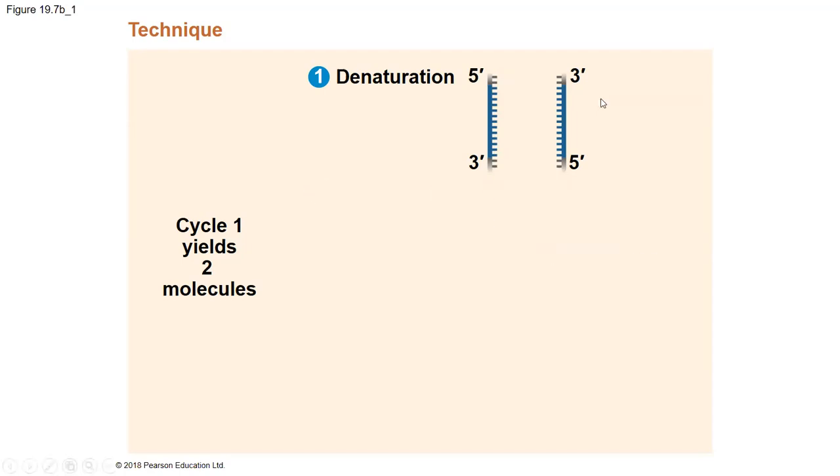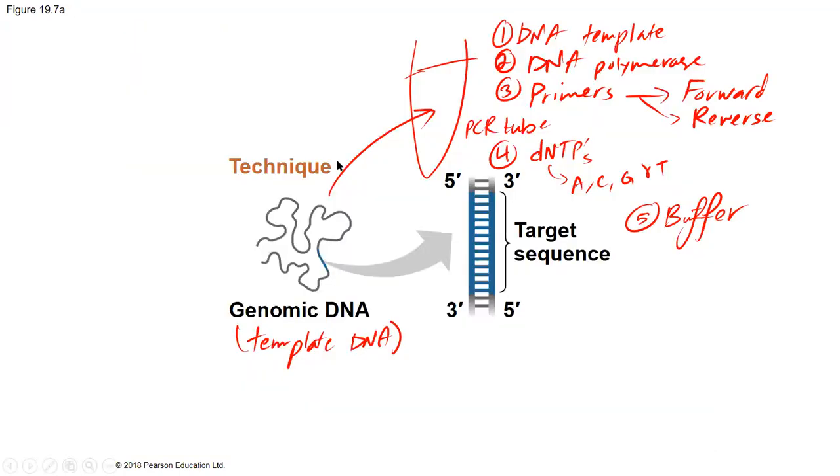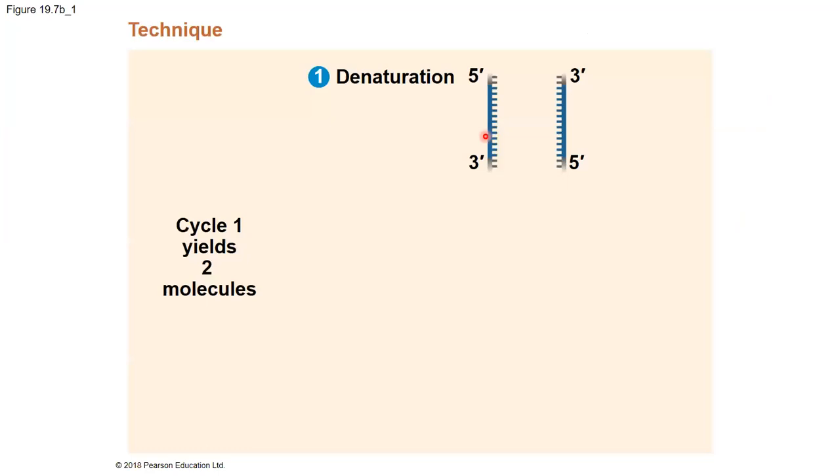So during denaturation, all DNA will be denatured. So here we have 2 strands. The 2 strands will be completely separated from each other in all the DNA we add to the tube. But here we are only showing you the separation of the DNA that represents the target sequence.